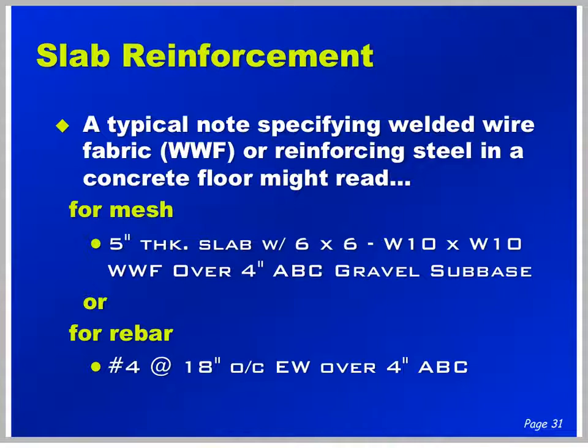A typical note specifying reinforcement in a slab might read, for mesh, 5-inch thick slab with 6 by 6 W10 by W10 WWF over 4-inch ABC gravel subbase, or for rebar, number 4 at 18 inches on center each way over 4-inch ABC.